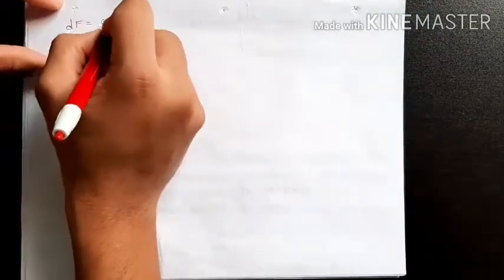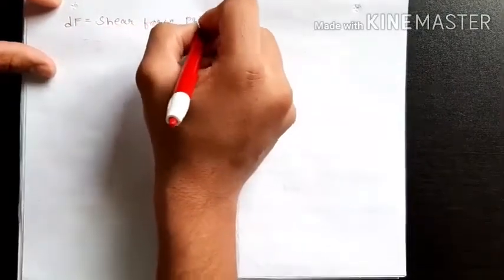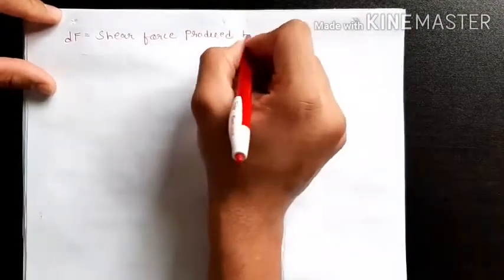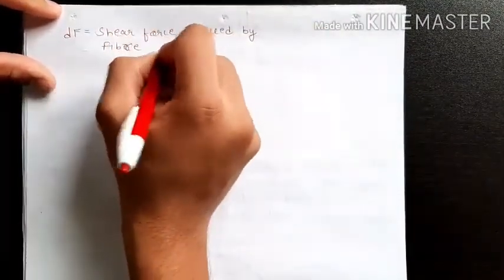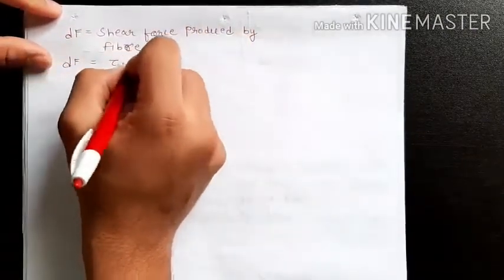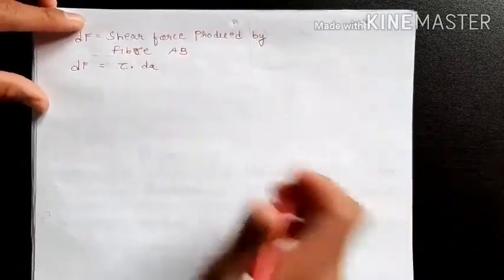The shear force produced by fiber AB is dF equal to tau into dA.